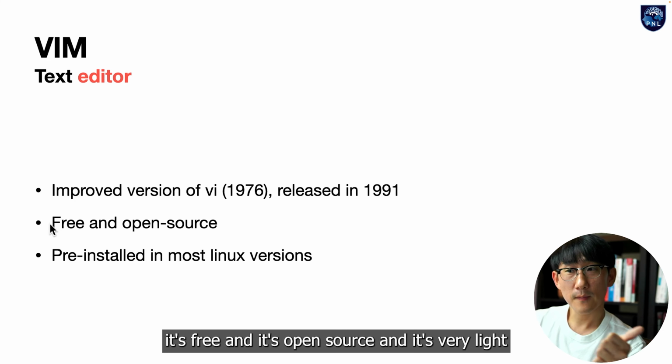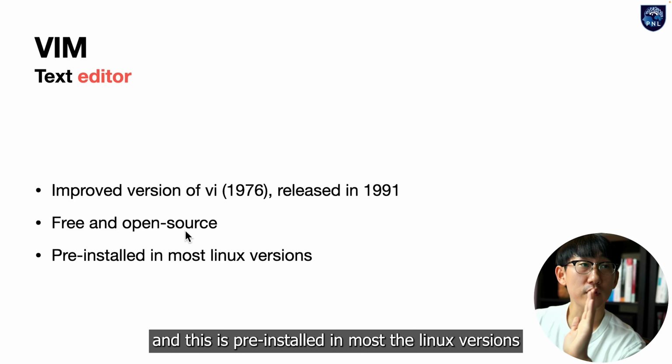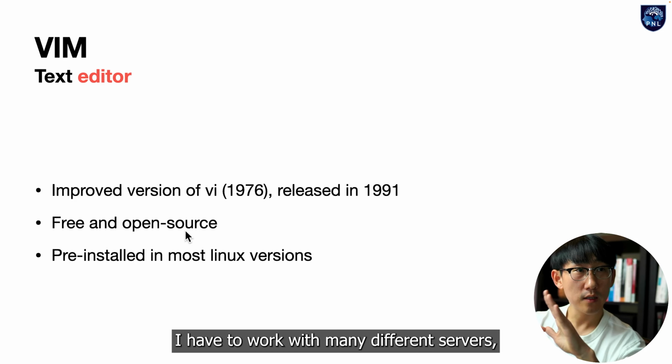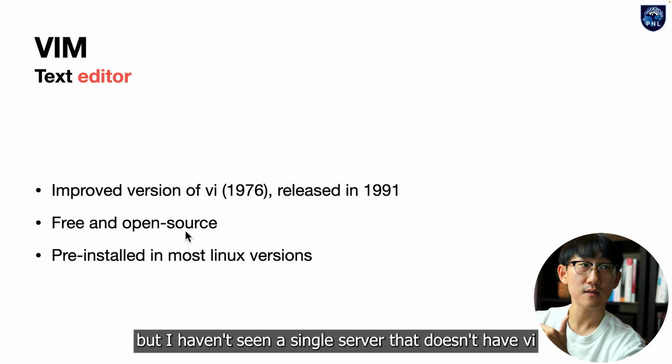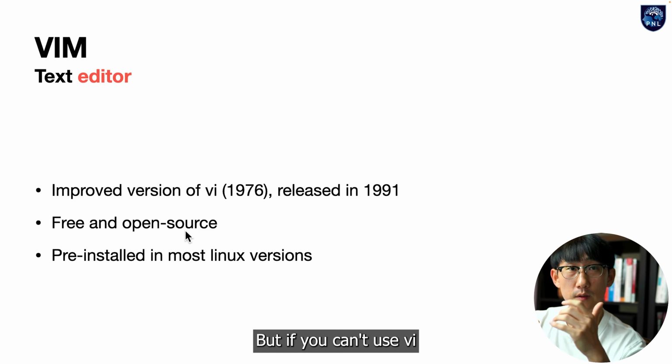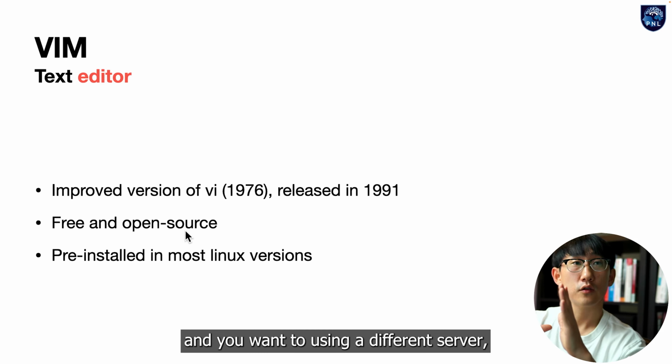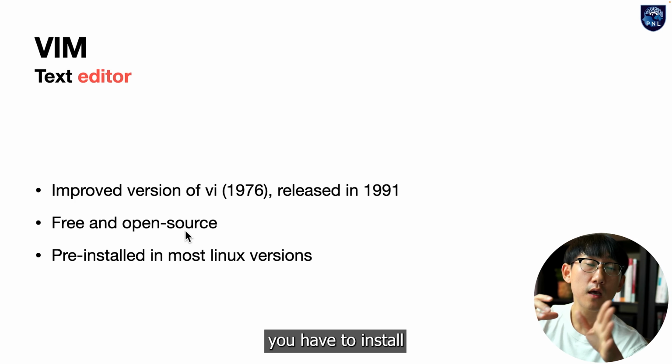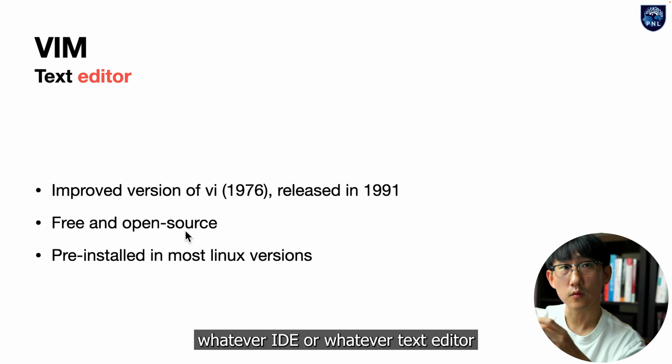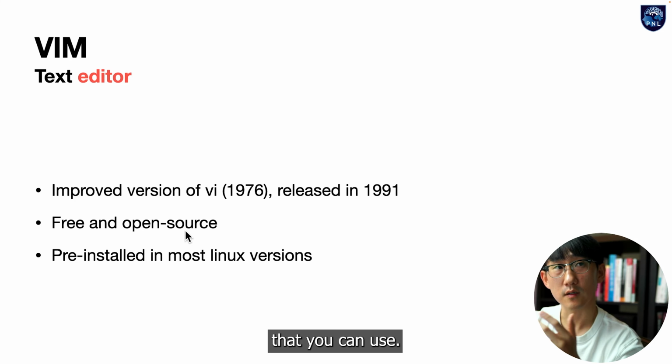Well, it's free and it's open source and it's very light, and it's pre-installed in most Linux versions. I have to work with many different servers, but I haven't seen a single server that doesn't have VI. But if you can't use VI and you want to work on a different server, you will have to install whatever IDE or text editor that you can use.